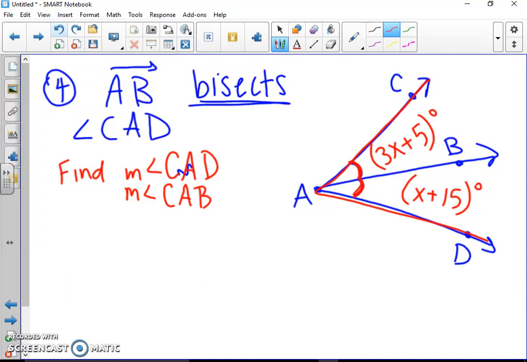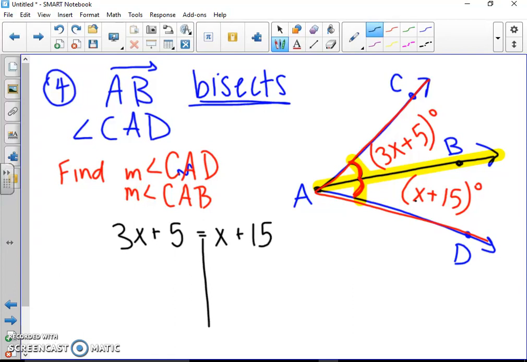Well, if we know that AB bisects that entire angle, that means that AB splits it into two equal parts, and that's where these arcs come in. So that tells me that 3x plus 5 must equal x plus 15. We're going to use that information to figure out x.